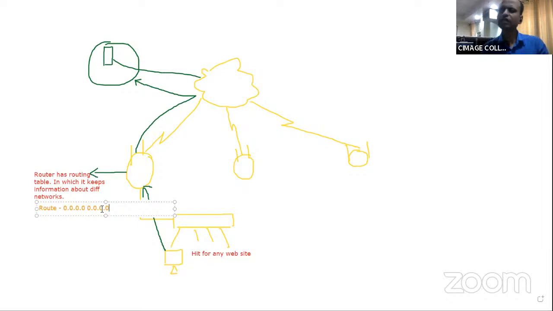It means if the user will try to hit any network, this router will allow. Okay, fine. But where will the request go? The request will go to ISP.